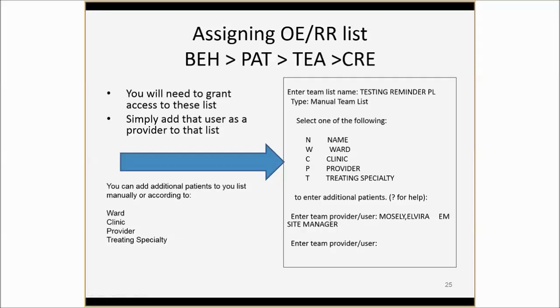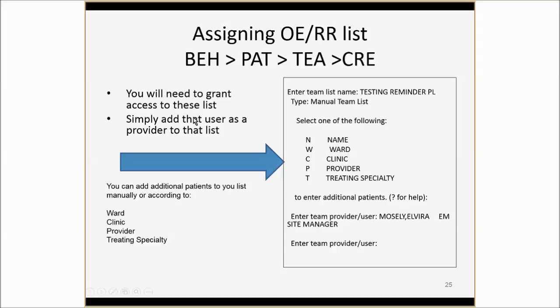Now, I haven't really further tested the clinic. I've tested it with just putting a provider in, and if there are patients assigned to that provider, it may bring them over to the list. But there are some potentials here that need further testing, and I have not done that testing in order to really figure out what other advantage we have by creating an OERR list.